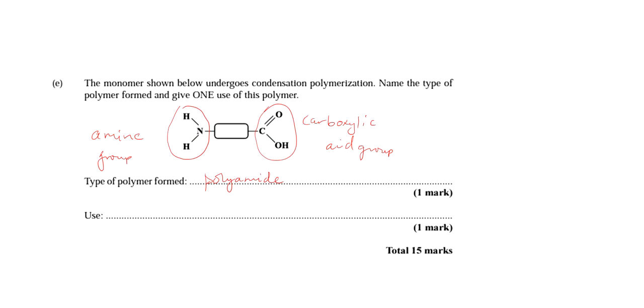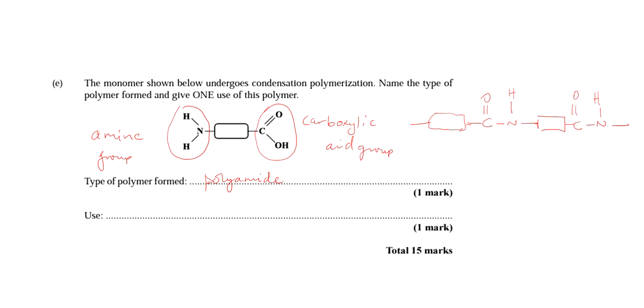In this question it didn't ask you to draw it, but I can show you what it will look like. Let's draw the box initially, and then we're going to have C double bond O, and we're going to have NH box again, and then C double bond O and H. This is explained in that video that I'm speaking about, so just take a look at the polymerization video.